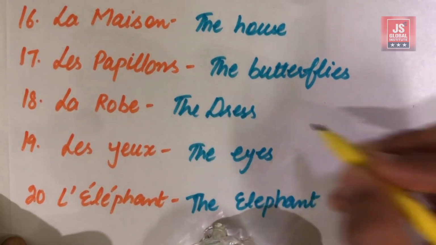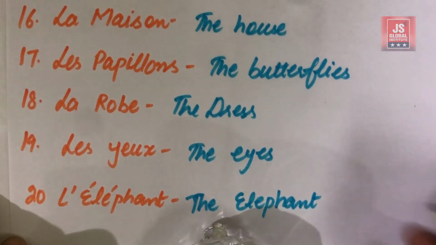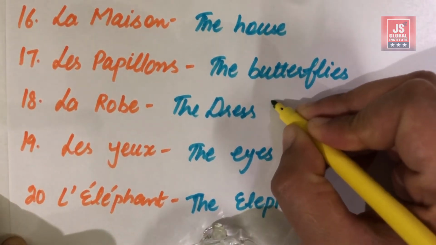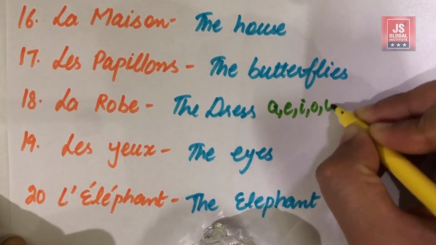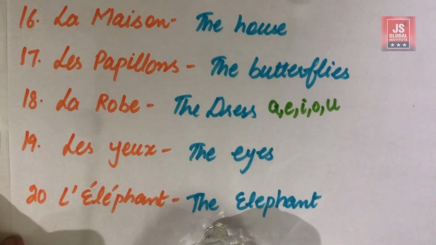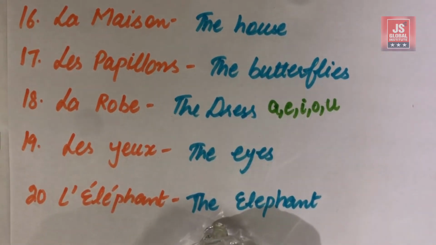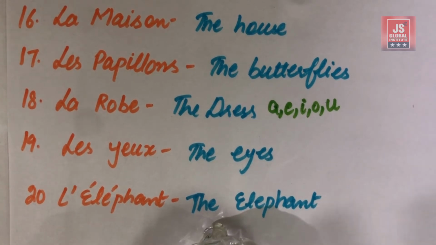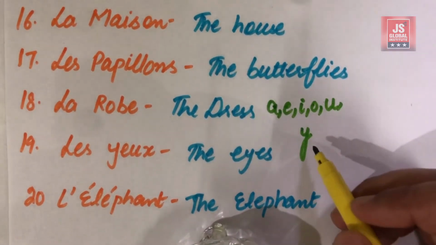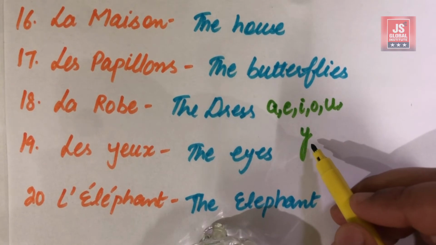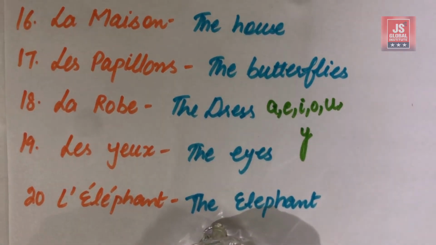The vowels are A, E, I, O and U. But in French there are not 5 vowels, there are 6 vowels. Which one is the 6th vowel? That is this Y. This is called Y in French and this is also a vowel.